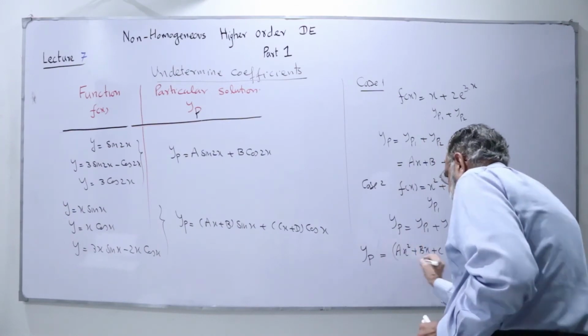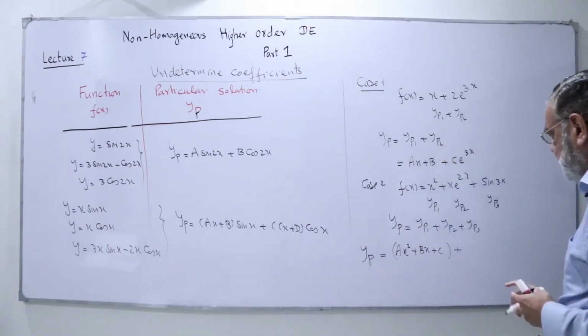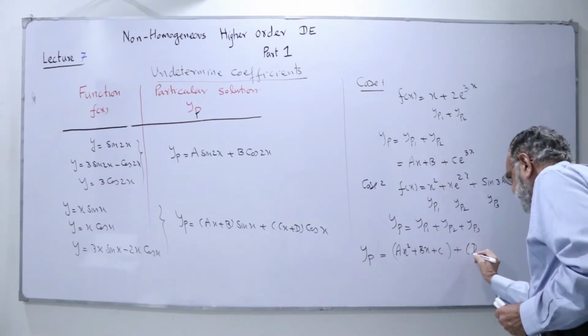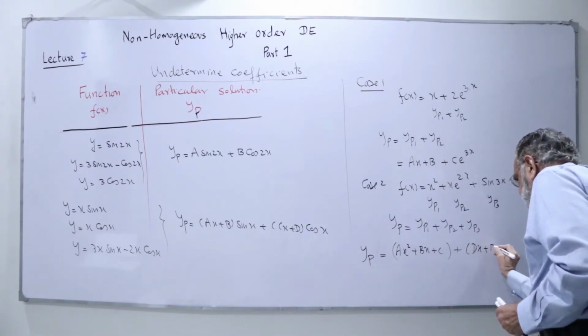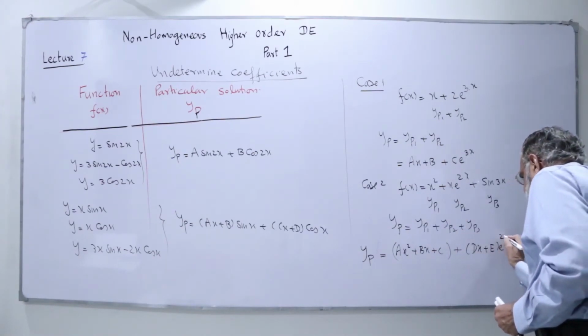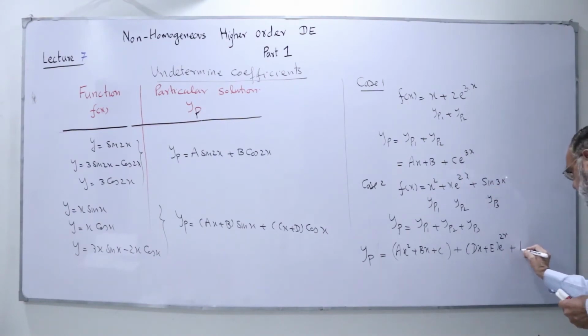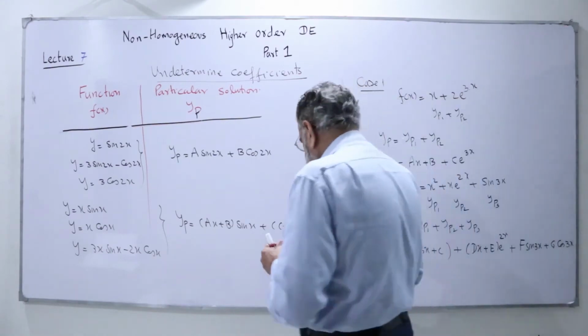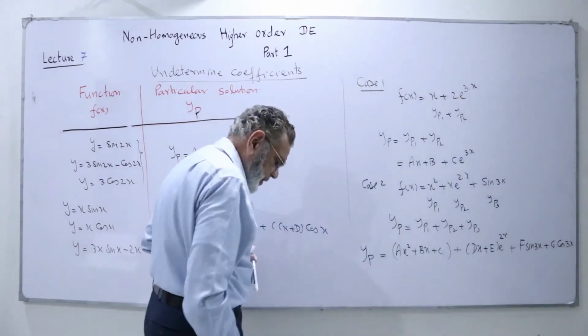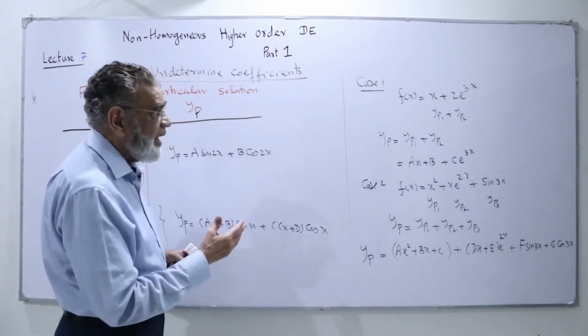This is my yp1. Plus, for x e to power 2x, we have (dx plus e) e to power 2x. Then for sine 3x, the coefficient is 1, so we get f sine 3x plus g cosine 3x. So this will be my combination for the yp. We have a linear combination of that, and we can write it like this.